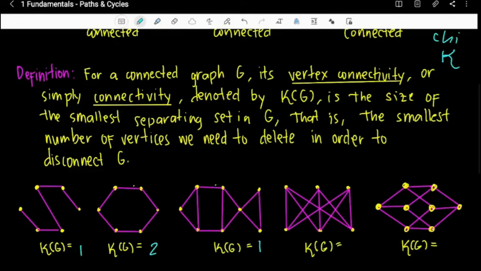Pero pag nagkakaroon ka ng isang vertex set or isang bridge, parang nandun yung weak point or weak link. Kasi pag dinestroy mo yung bridge na yun, nadi-disconnect. So, you can just imagine if you're talking of a network, parang vulnerable point siya. Imagine if an internet is always passing through one specific server.